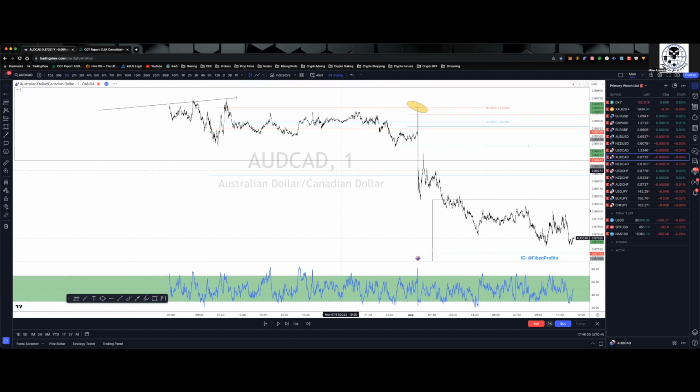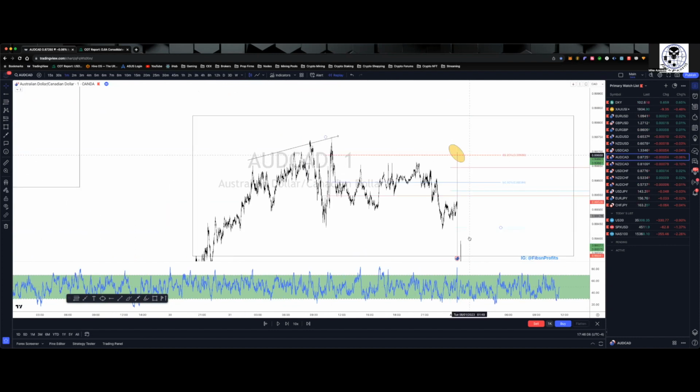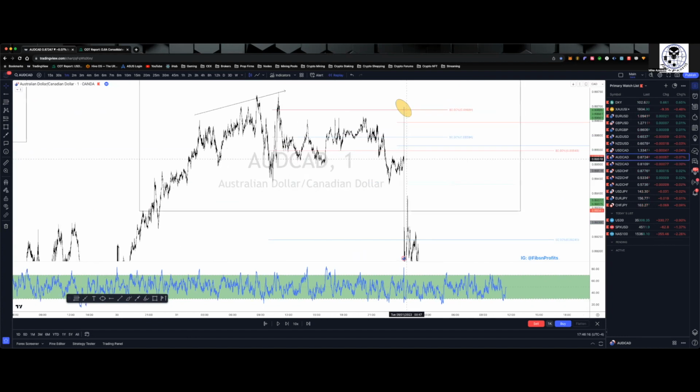I like how the news mitigated the distribution very nicely. We came right back into 80% of it, and then we just immediately sold off from it. So if price can work its way back into mitigation of news, that's what I'm going to be looking for.